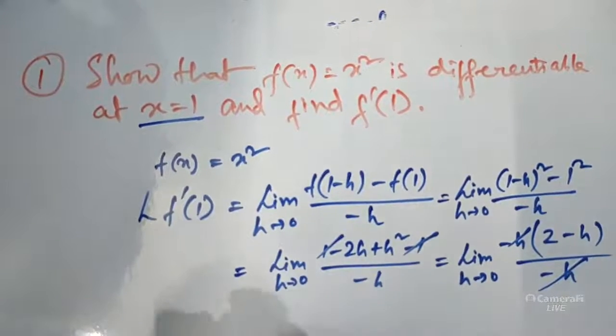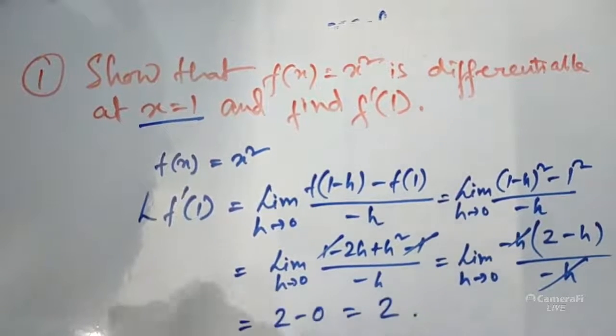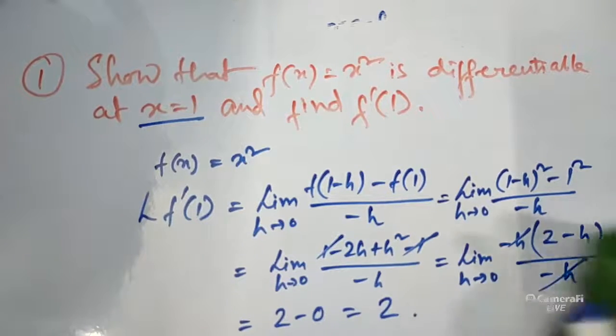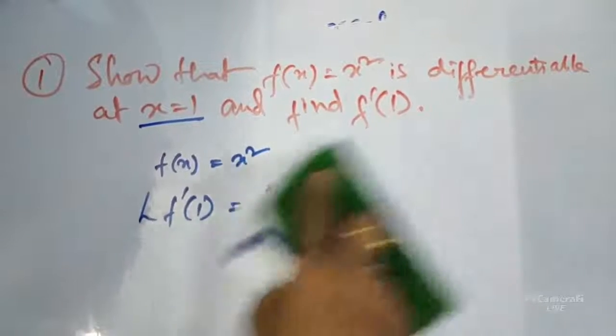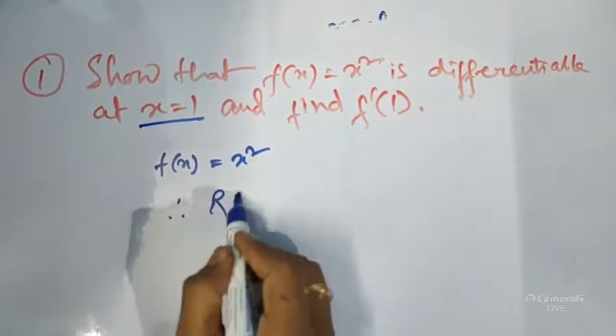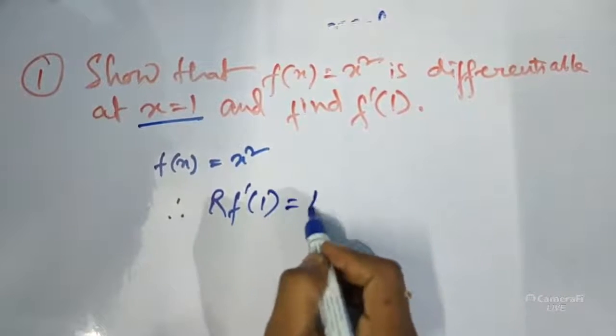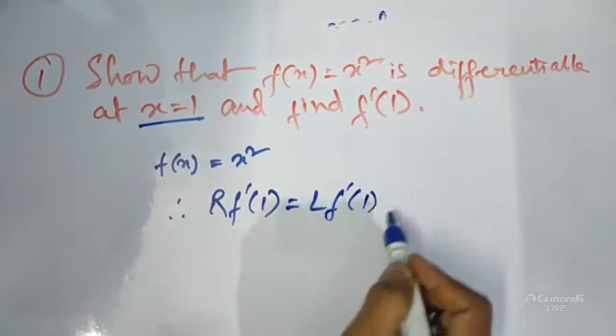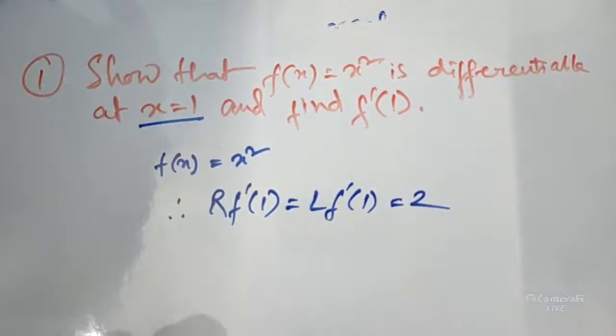If we put h equals 0, we get 2 minus 0 equals 2. So in both the cases we are getting the value 2.